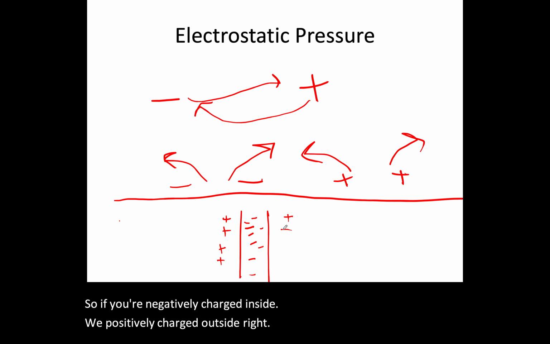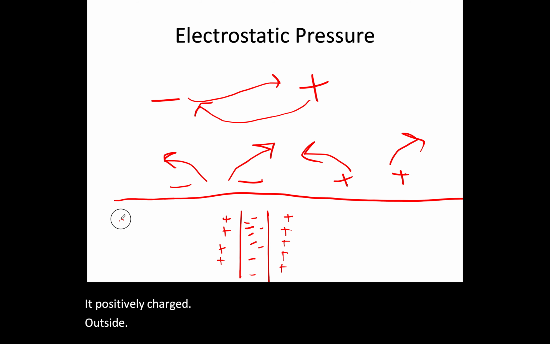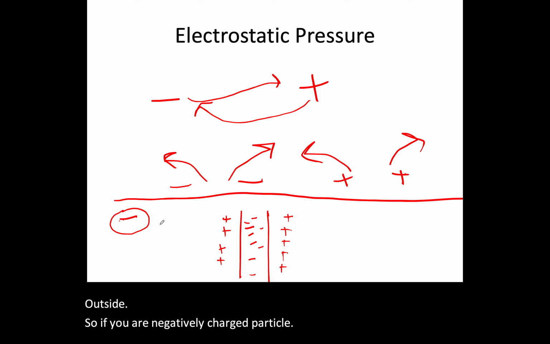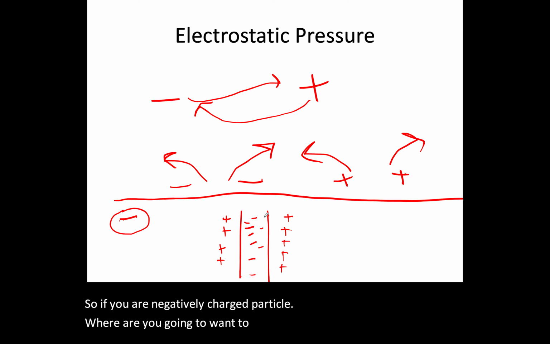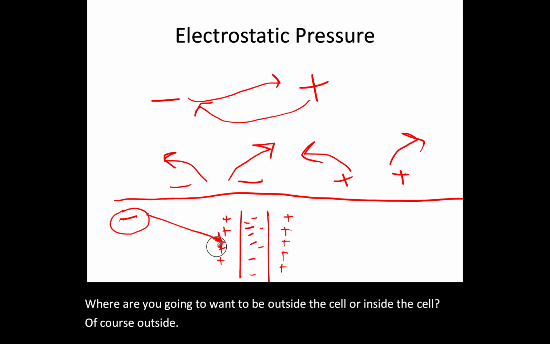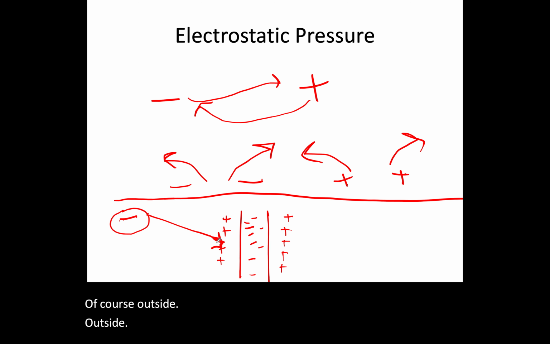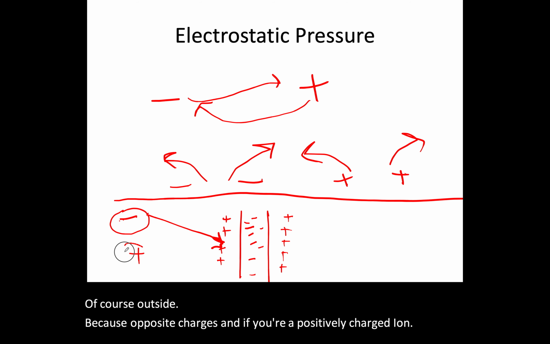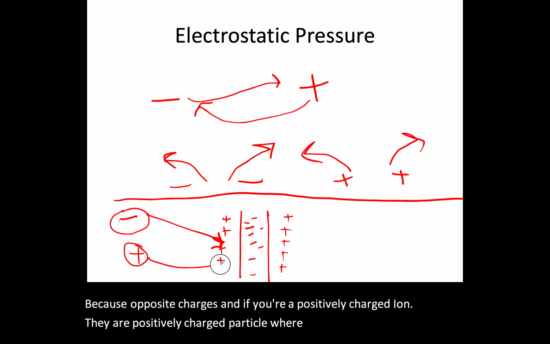You're positively charged outside. So if you're a negatively charged particle, where are you going to want to be? Outside the cell or inside the cell? Of course, outside. Outside, because opposite charges. And if you're a positively charged ion, if you're a positively charged particle, where do you want to be? You want to go inside.